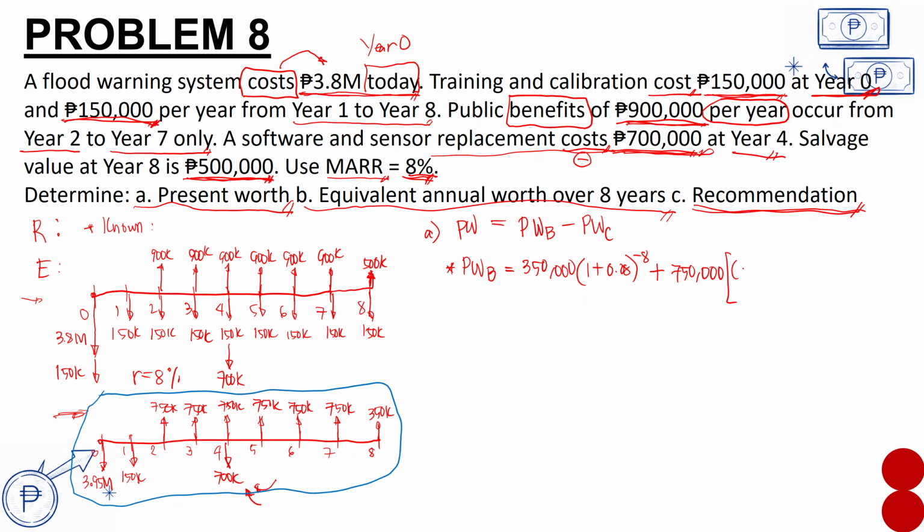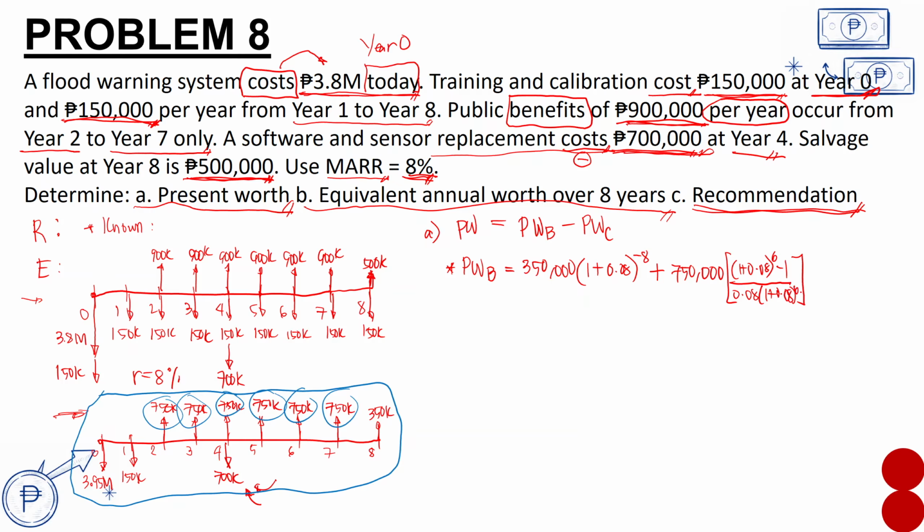This is 1 plus 0.08 raised to n, and n should be how many are there? So we have 1, 2, 3, 4, 5, 6. So there are 6 periods. So we have 750,000 times 1 plus 0.08 raised to 6 minus 1, over 0.08 times 1 plus 0.08 raised to 6.